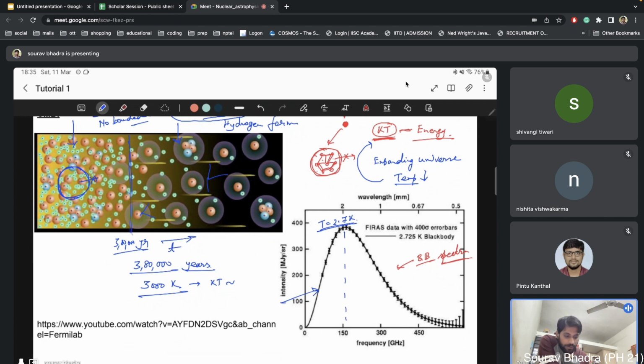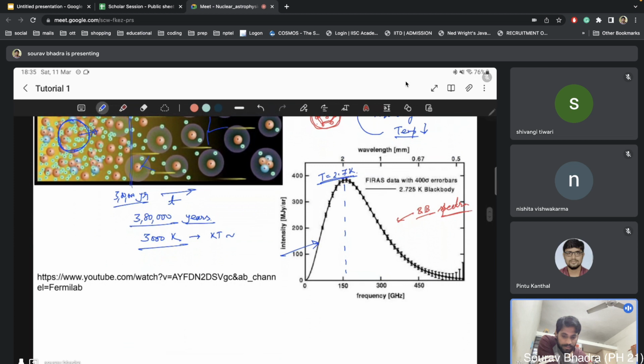And the peak, which you can calculate from Wien's law, you know that lambda max T is 0.29 cm-Kelvin, and nu max T is 2.8 kT, where k is the Boltzmann constant and T is the temperature.